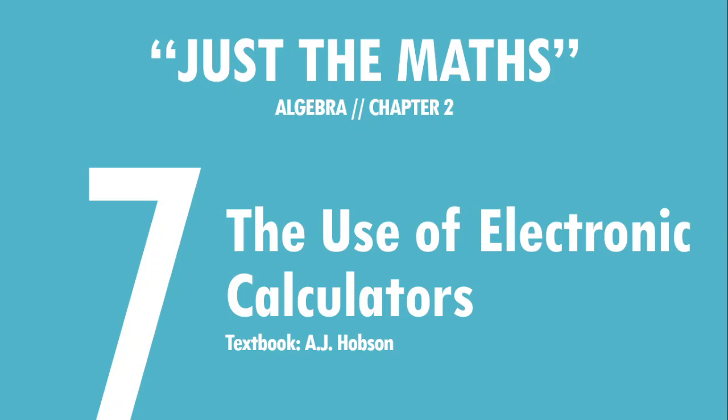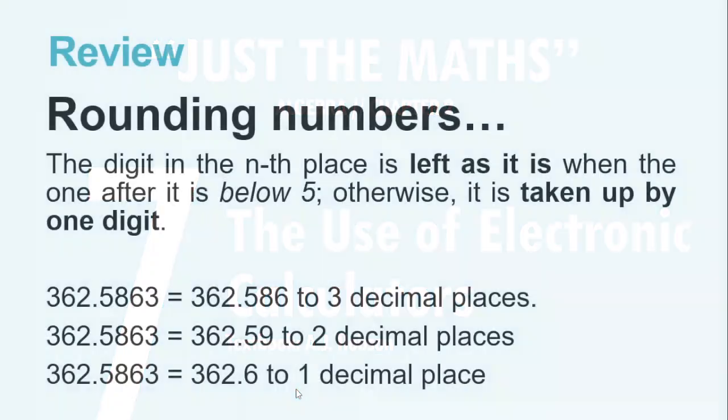Okay. So before we go into that, let's talk about our last topic, which is how to round numbers. When we round numbers, the end place, let's say on one decimal place, that's the end. So if the digit after it is below 5, it is left as it is.